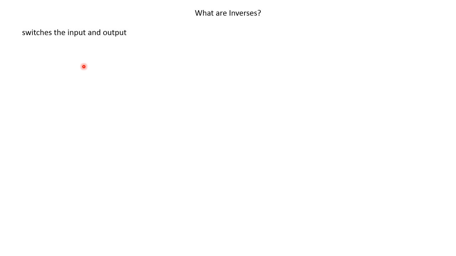It just switches those orders. Being that it switches the input and the output, it switches x and y. That's how we find the inverses. We literally switch x and y. Or graphically, it reflects about the line y equals x, which again switches x and y.